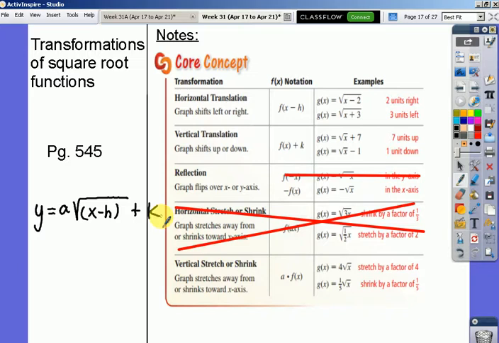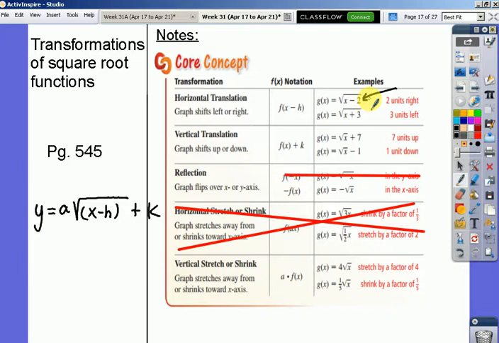So the first one is a horizontal translation. As before, when we've had h's in the past, it is attached to the x value, and it's always the opposite side. So if you see an x minus an h, so in this case, x minus a 2, that's going to be the movement in the opposite direction. So rather than move 2 to the left, it's going to move 2 to the right. Same thing with the plus 3.